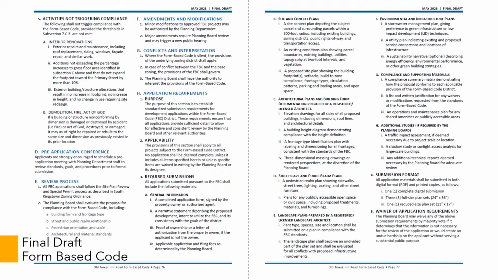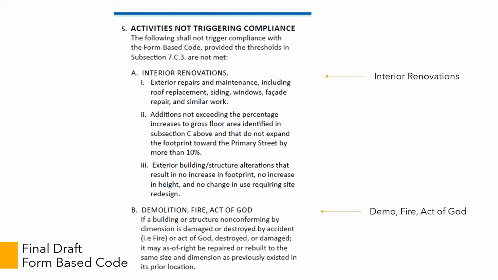The same thing too with application requirements in the top left, activities not triggering compliance, and here's a blow up of that. Interior renovations. If you're swapping out windows, if you're changing a facade, going from clapboard to siding or vinyl siding to hardy plank or some other materials, that does not trigger code compliance with regards to the density, bulk, and a tear down rebuild.